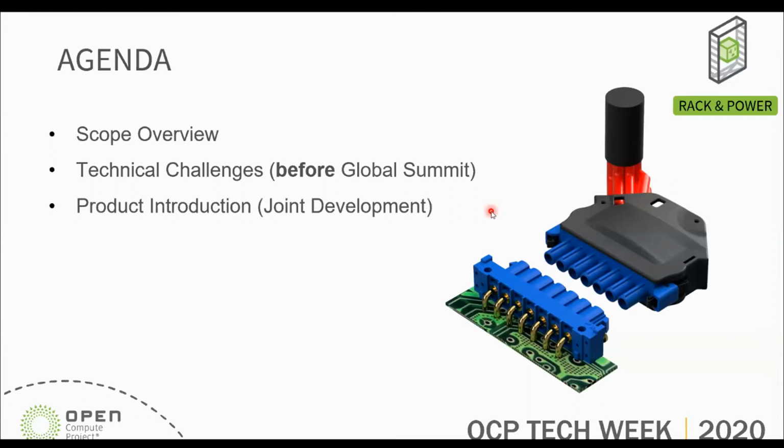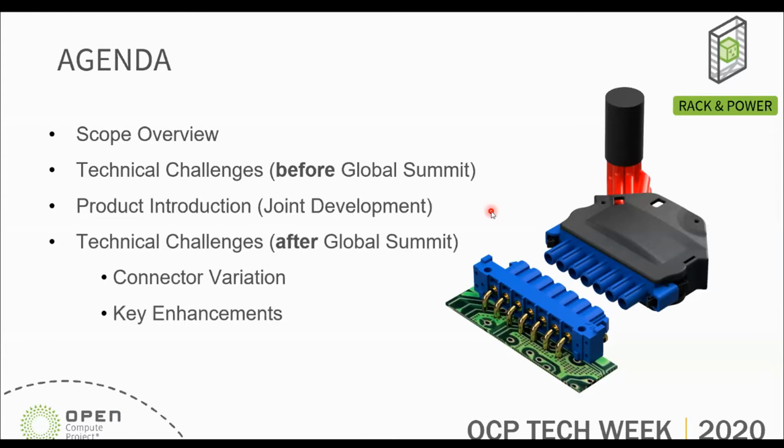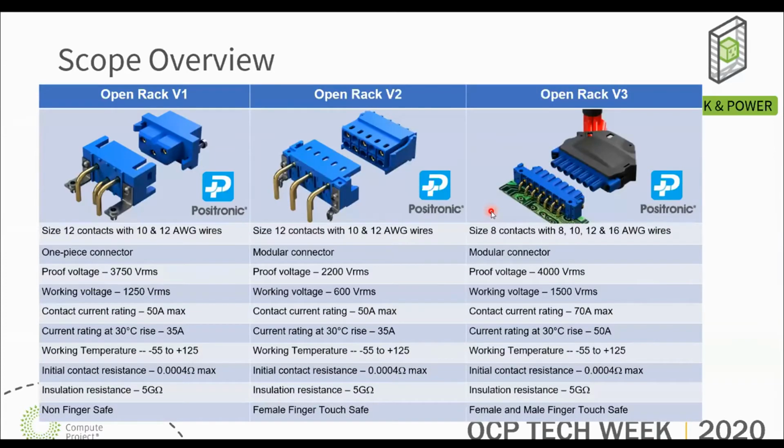Then the technical challenges after the Global Summit, which is the connector variation and some of the key enhancements we did after the Global Summit, and finally the project timeline and when it's going to be available and everything will be ready. Okay, just a scope overview.